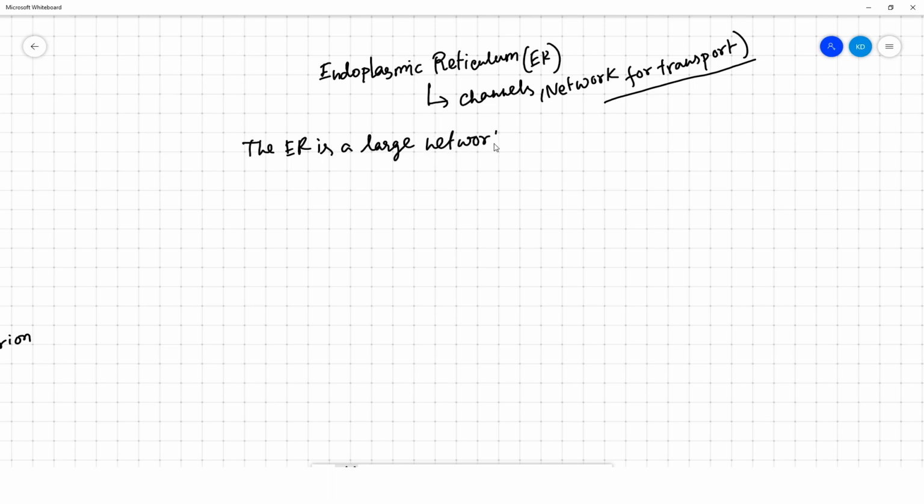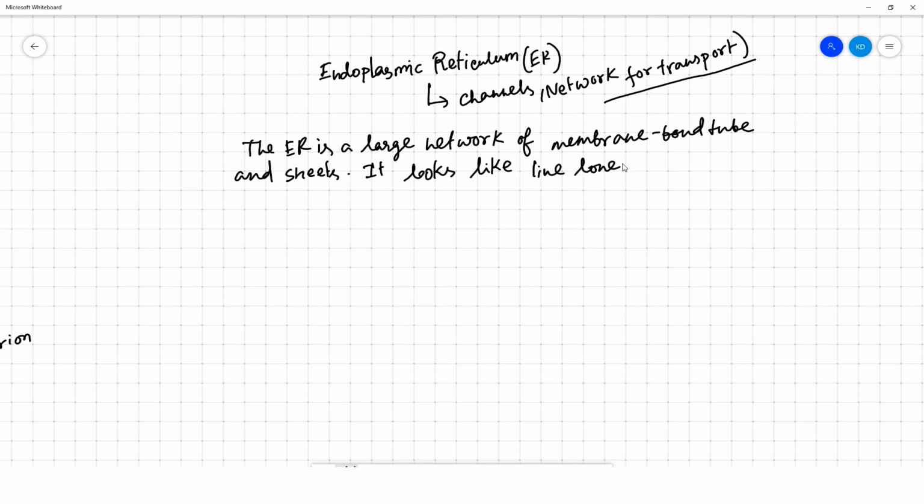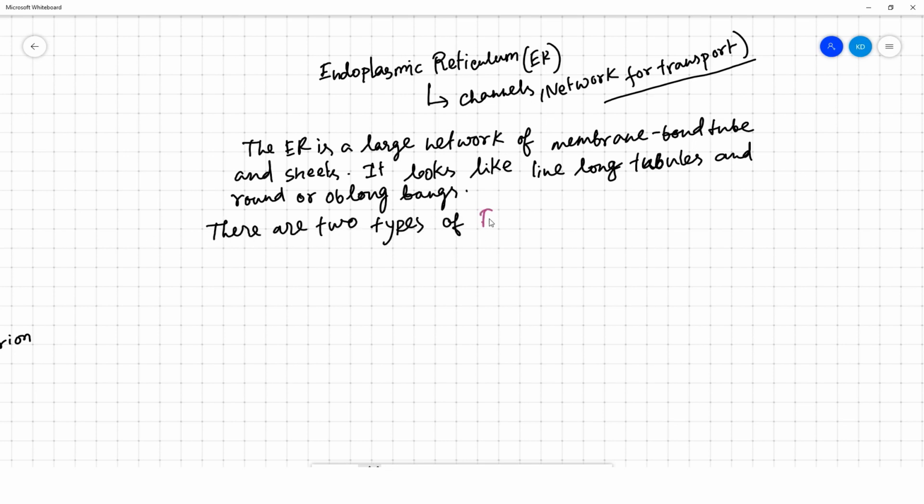Actually it is used for transporting purposes. The ER is a large network of membrane-bound tube shapes and sacs. It looks like long lines, long tubules and round shapes. These are the shape descriptions of endoplasmic reticulum.